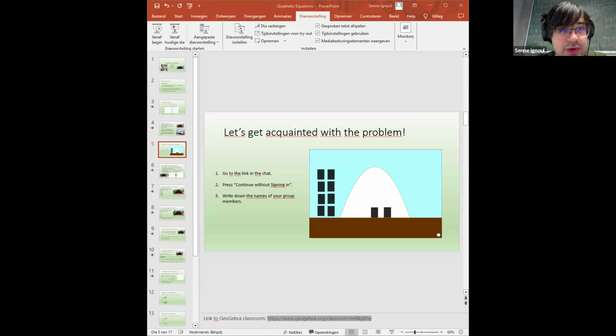What you can see here is the blue part is the edge, the brown part is the ground, the white part is a schematic version of the tunnel, and the black rectangles represent delivery trucks.